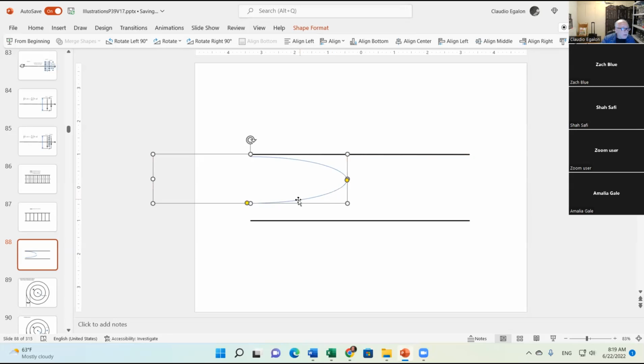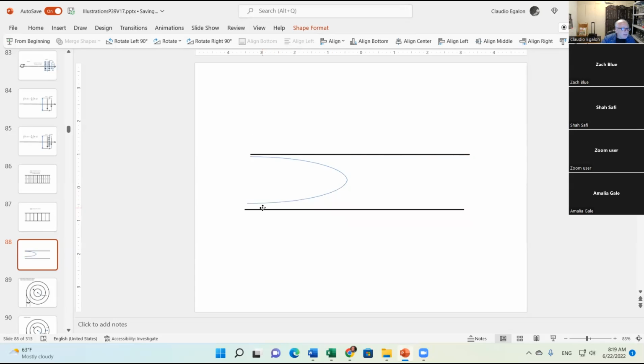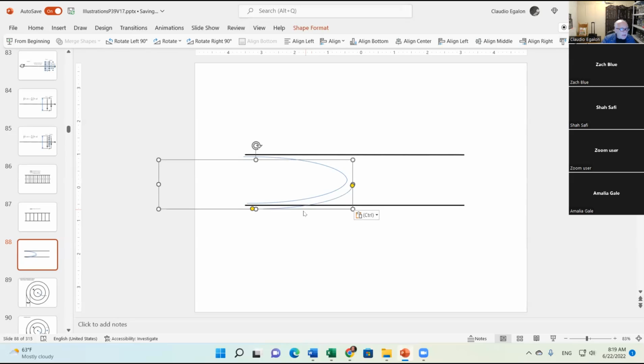Notice that I am illustrating a longitudinal standing wave in terms of a transverse standing wave, right? Here is like the node of a standing wave. It's easier to know. And then you can have this end here oscillating back and forth, right?